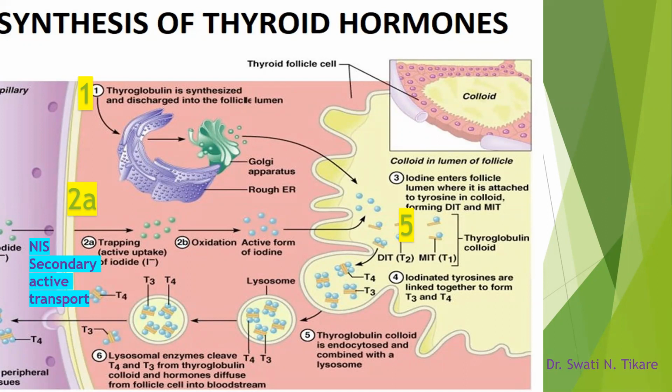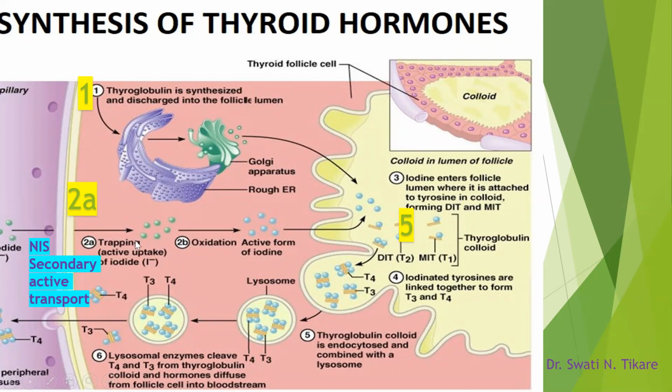Secondary active transport means it is getting the energy for transport from some other transport that is happening, which is the active transport. So coming back to this second step, iodide enters into the follicular cell by the sodium iodide symporter.